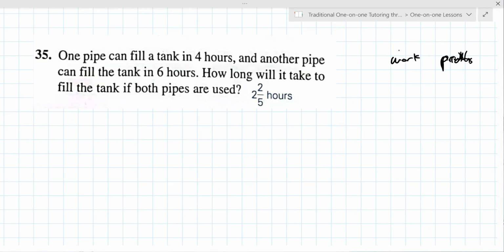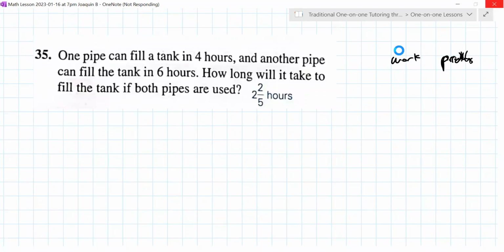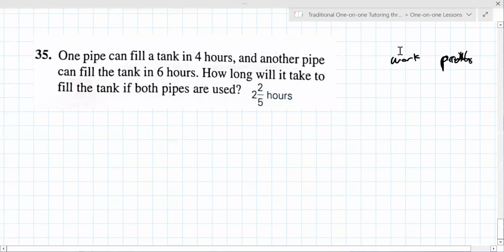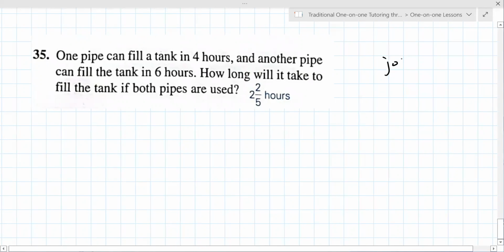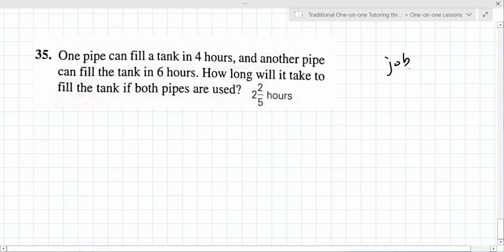So it's like if you can paint a room in a certain amount of time and I can paint a room in a certain amount of time, then together we should be able to paint the room in a certain amount of time. So that's what I mean by work problems, but really they're more like jobs together problems. That doesn't even sound right, but that's all I can come up with at the moment.